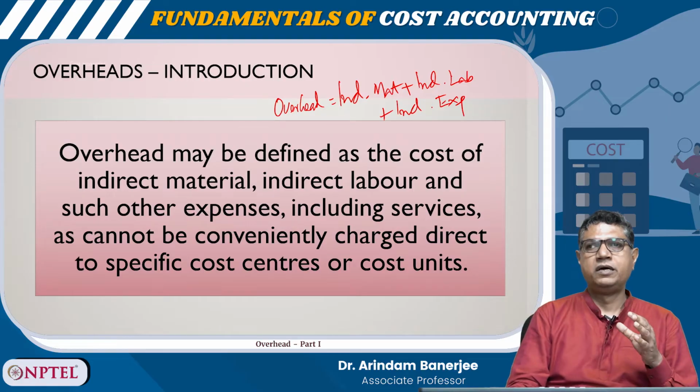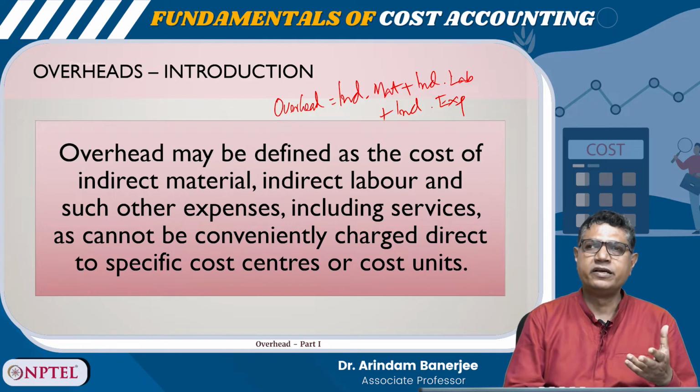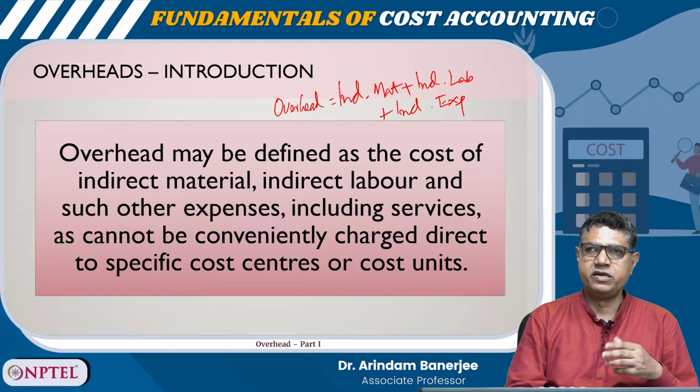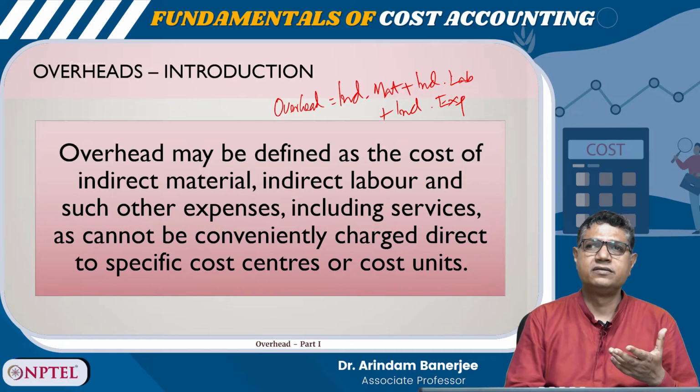For example, of indirect material, if you remember, we discussed in material cost, it is say lubricant used in machines, which you cannot directly allocate to the final product, because the machine is being used for producing several items. Indirect labor, for example, is the salary paid to the office staff in the shop floor.